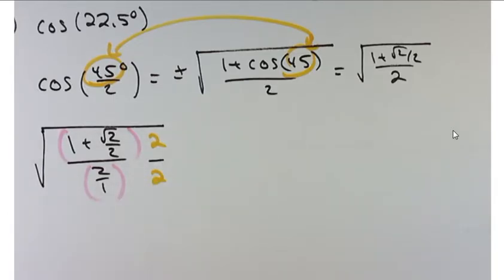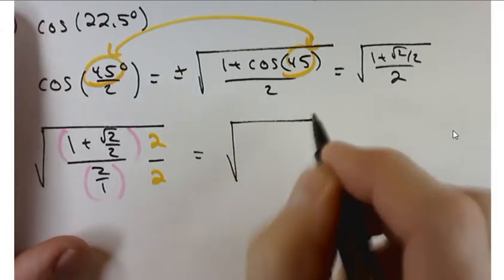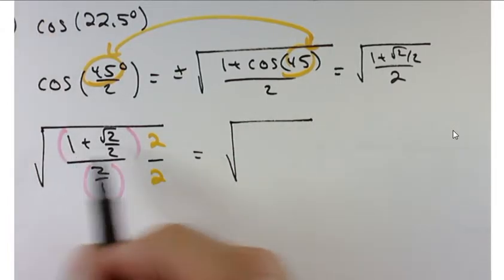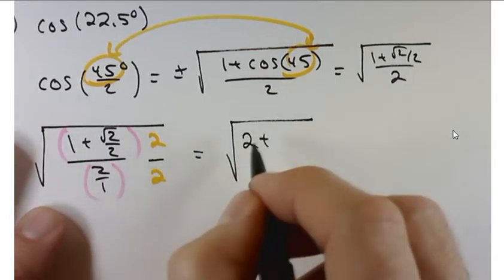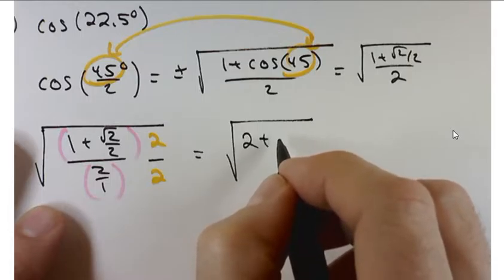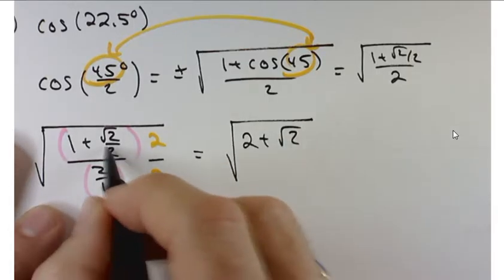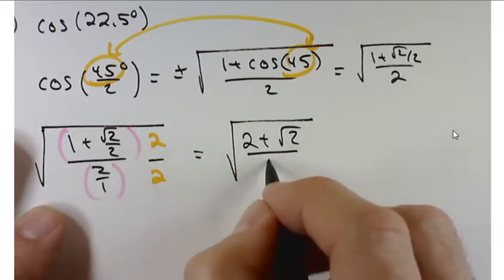If I distribute this, what will I get under the square root? Square root of 2 plus square root of 2, right? Because that denominator and that 2 will cancel. Over 4.